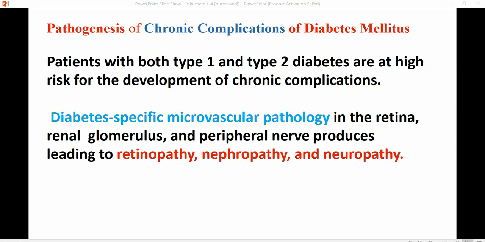The microvascular complications involve the retina, the renal glomeruli, and the peripheral nervous system.